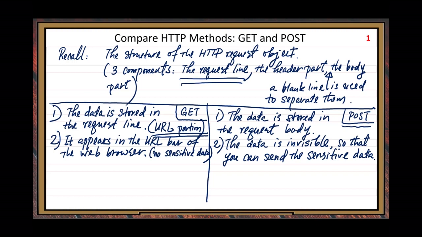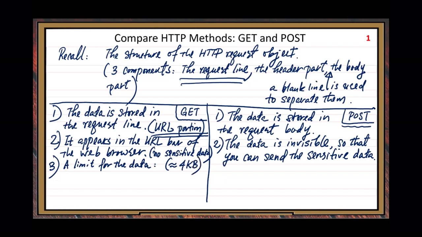Another property: because the data is in the URL portion of the request line, there is a limit for the data. You cannot send too much data, approximately 4 KB, kilobytes.